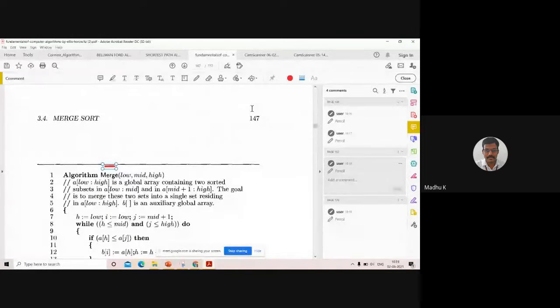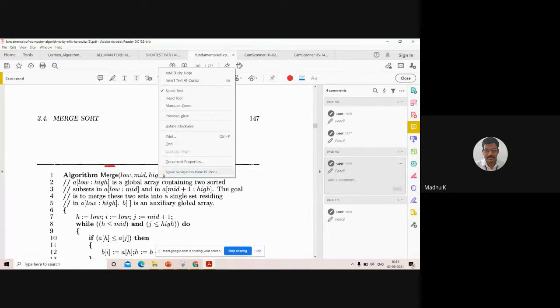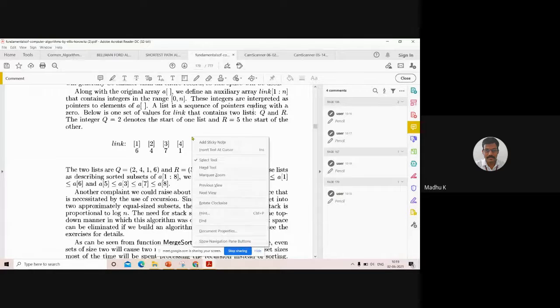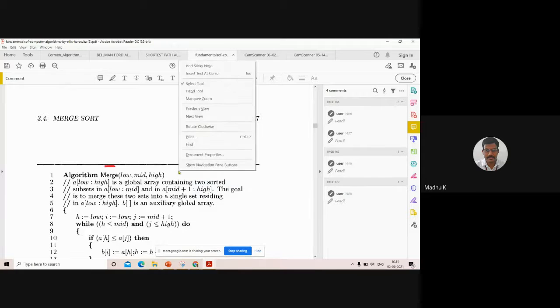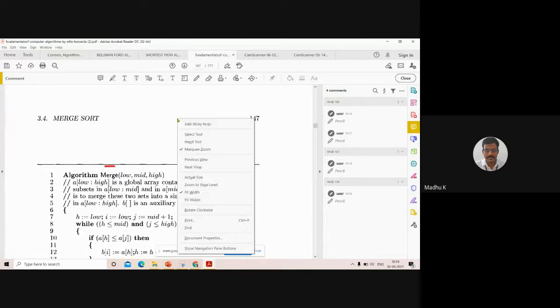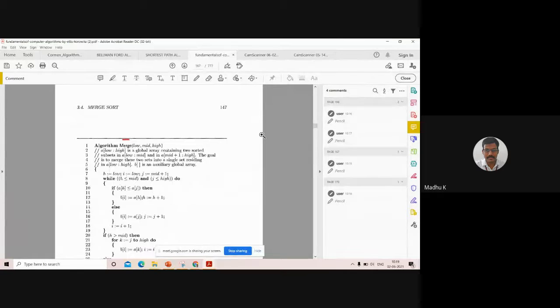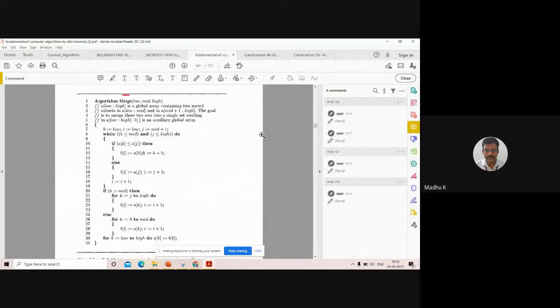So you should study this algorithm also. Sometimes in the exams they may ask you to explain the merge function, so you should study this algorithm also.